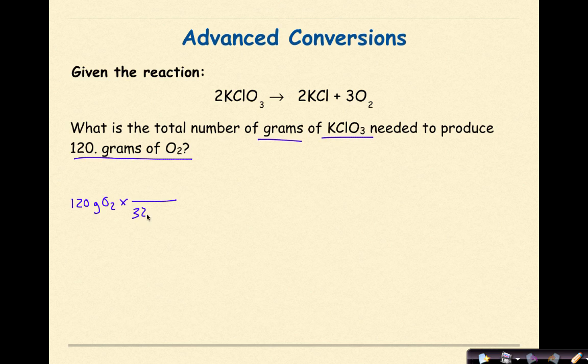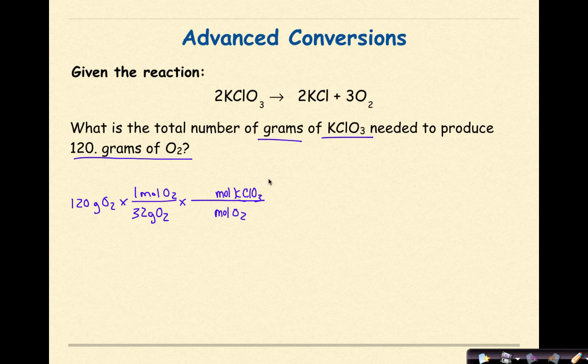So 32 grams of O2 is our mass, 1 mole of O2 on top. Then we can get to the step where we can use the balanced equation to convert from moles of O2 to moles of KClO3. I cannot stress again how important it is to realize you have to go from mass to moles in order to get from one substance to another based on this balanced equation.